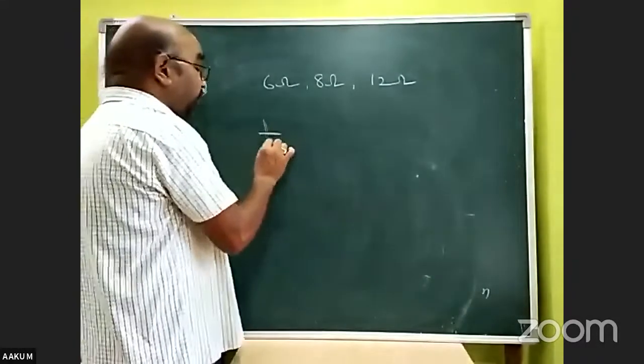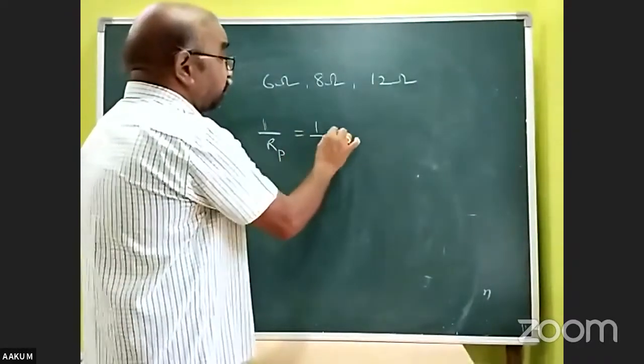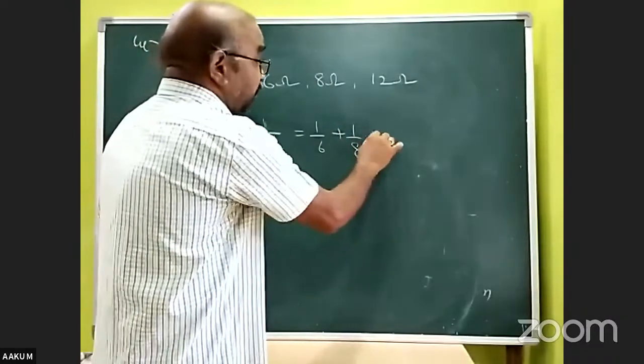1 by resultant resistance in parallel is equal to 1 by 6 plus 1 by 8 plus 1 by 12.